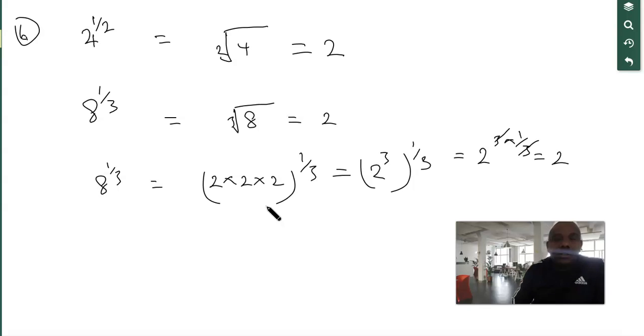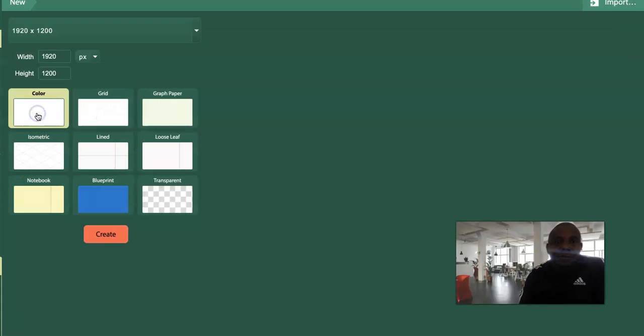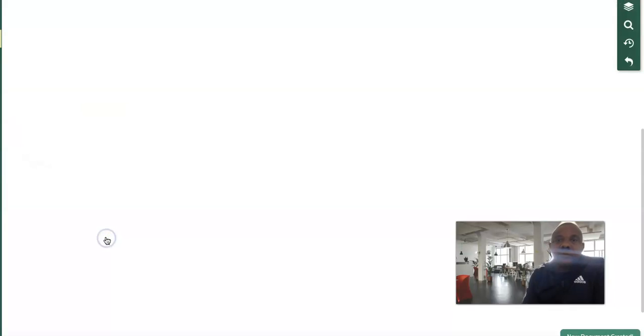So having known these laws, we can now go ahead to try the equation given, our initial equation. So let's do the first one. Let's do the first equation.